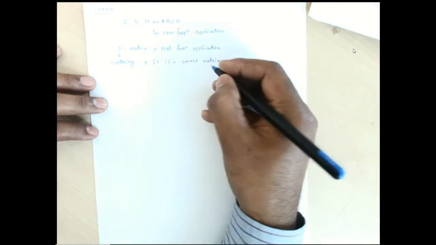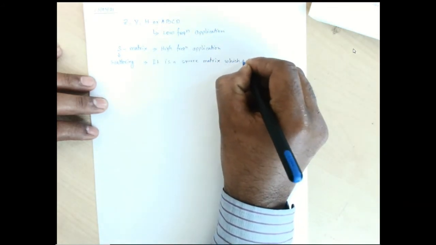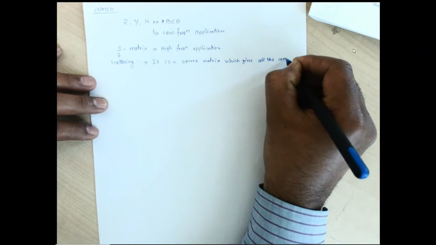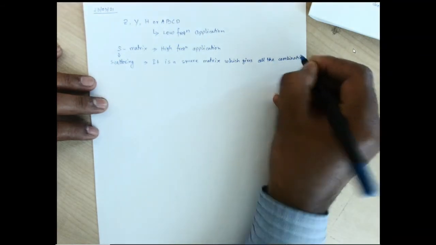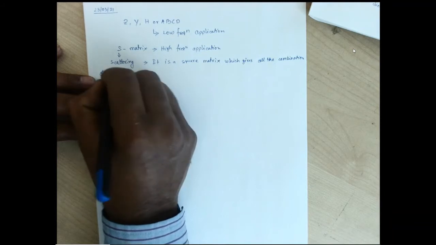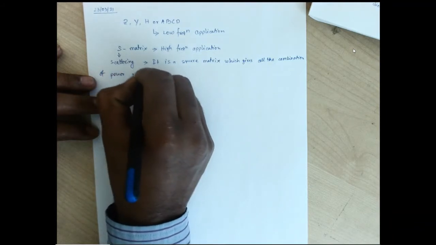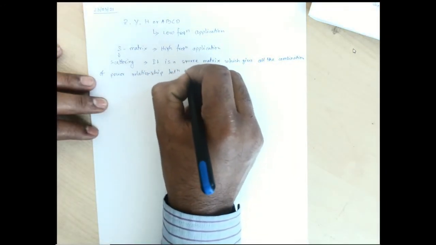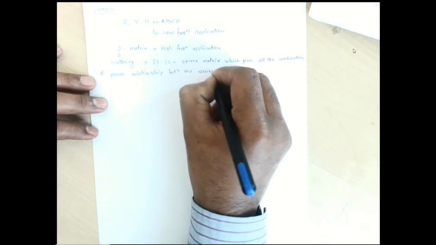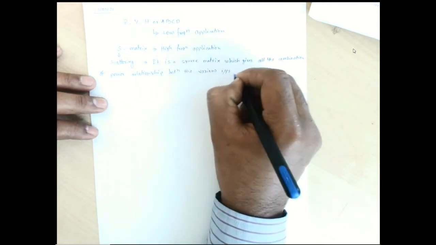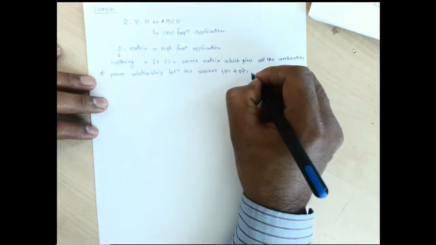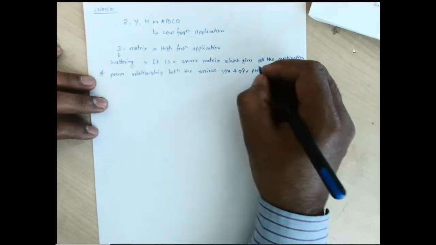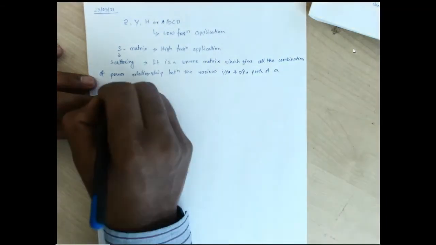It is a square matrix which gives all the combinations of power relationship between the various input and output ports of a microwave junction.